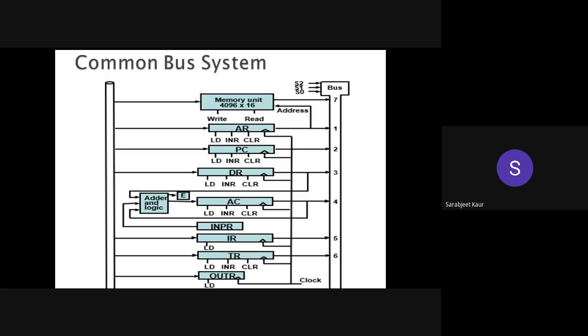And then if some wire goes wrong somewhere, and has to be replaced or reconnected to some other place later, it will become a very big, difficult job. So that is why we resort to something known as a common bus system.